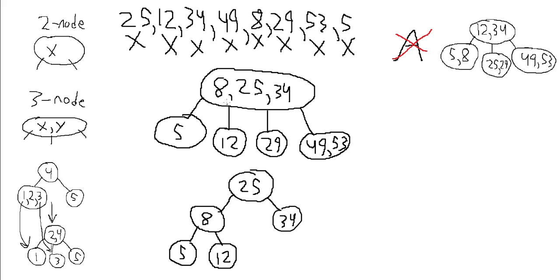And so it becomes the right child of 8. This key goes down to this child. That key goes down to this child. And then we have the 29, and we have this other 3 node of 49 and 53.